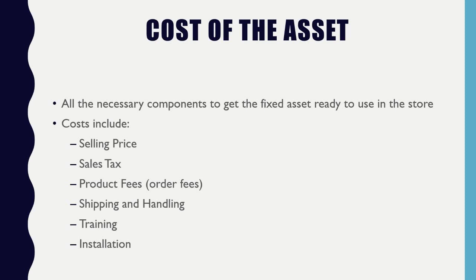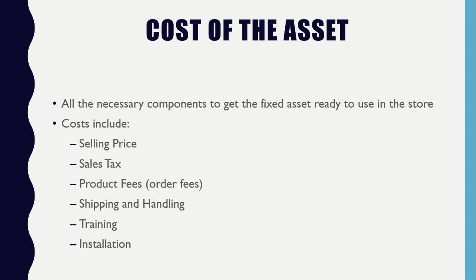Also any product fees, so anything that you may have to pay such as subscriptions to the product. Anything like installation fees: if you have to install it and it costs money to install, then you need to include that. If someone needs to be a trained professional to use this type of machinery or equipment, that's going to be included in the cost of the asset as well.